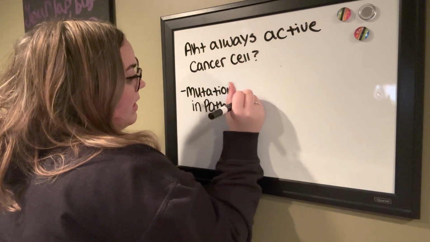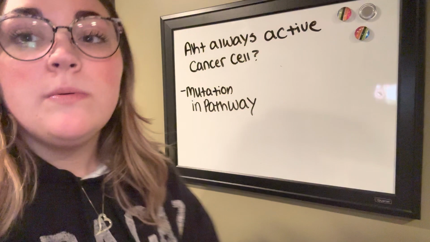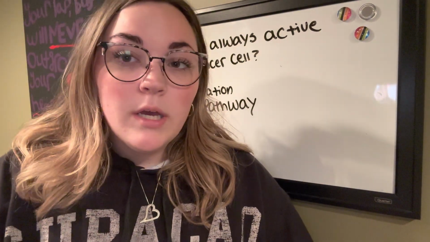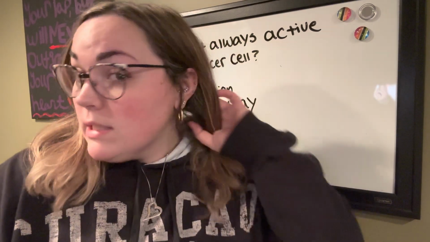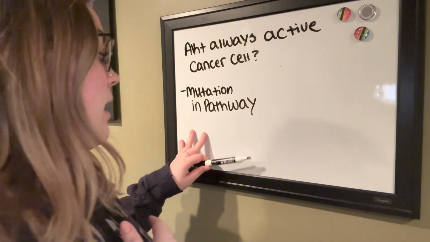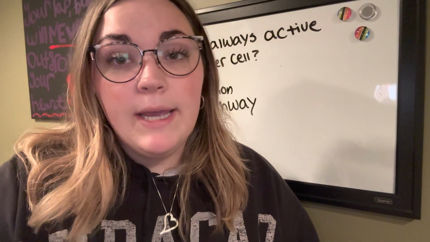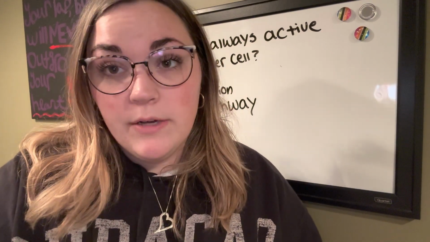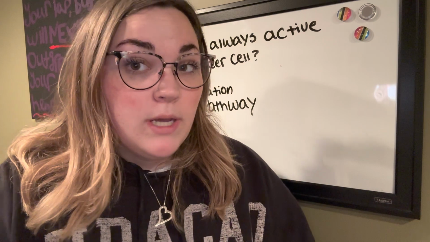So in the pathway that we just went over, if there's a mutation and like PIP1 can't go to PIP2, or it can't phosphorylate and go to mTORC2 or something like that, then it would not be able to make AKT become inactive after the pathway is complete.